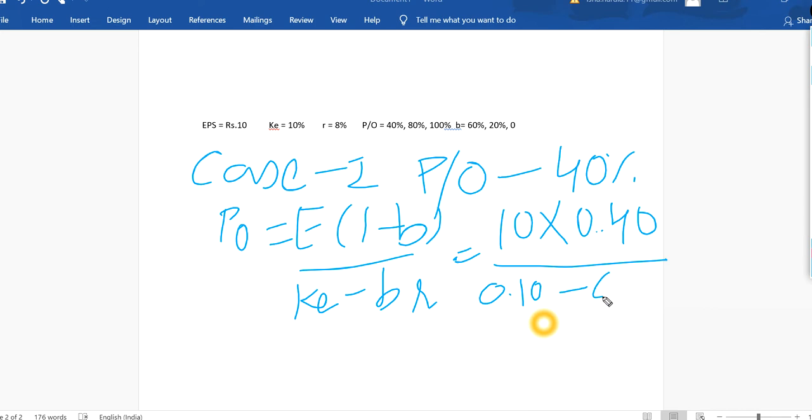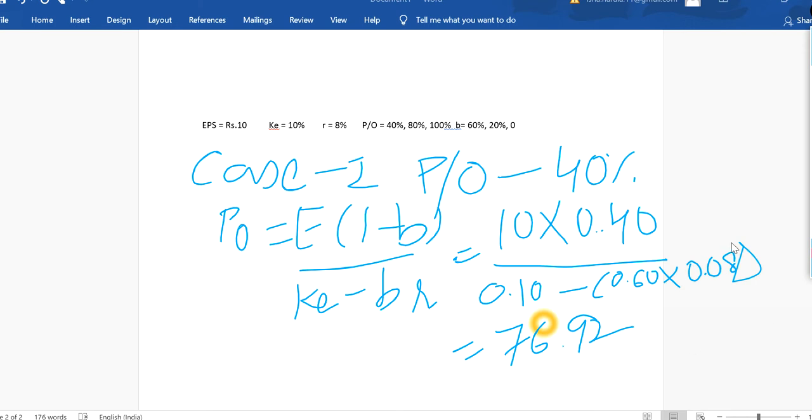Here retention is 60%, 0.60, into growth rate, which is 8%, 0.08. When we solve this, the answer we get is 76.92. So in the first case where payout is 40%, the price of the share is 76.92. So this is case 1.